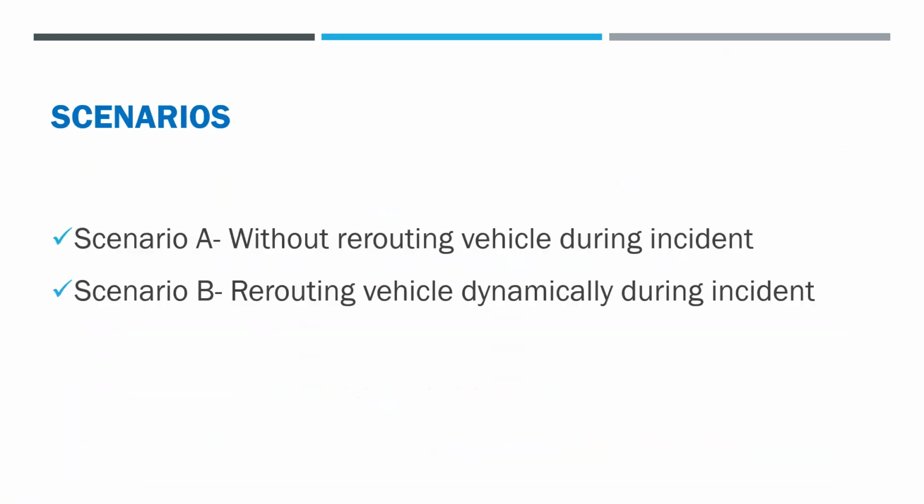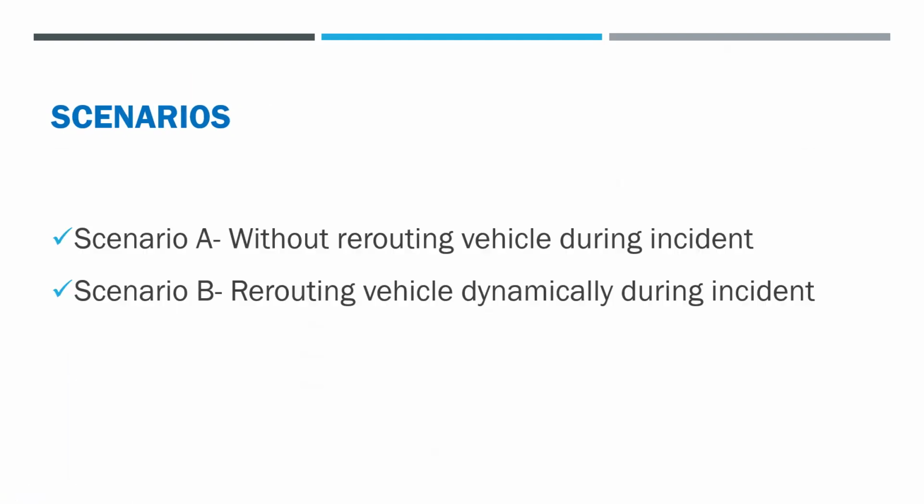And there are two scenarios. Scenario A is where there is an incident but no rerouting, so no vehicle will take the alternative route. Scenario B is where rerouting of vehicles is triggered dynamically during the incident through loop detectors. Scenario B is our target, and scenario A is our baseline.